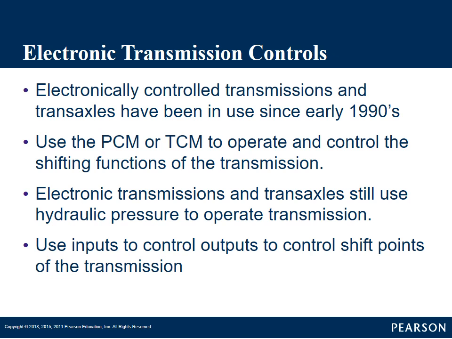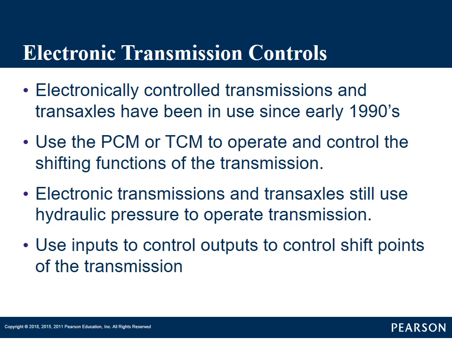We're using shift solenoids and pressure control solenoids to more accurately control pressure and shifts. To do this, we're using a PCM or TCM to operate and control the shifting functions of the transmission. PCM, if you remember, is a powertrain control module. TCM stands for transmission control module.